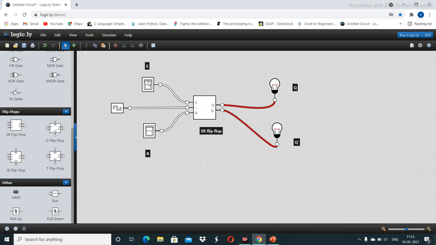Let's check it with the truth table. We are getting all the outputs we need.